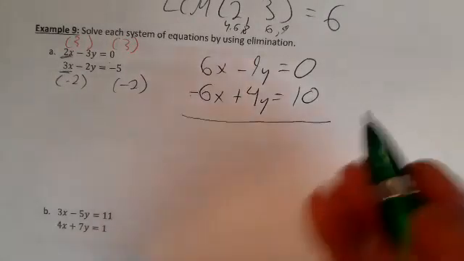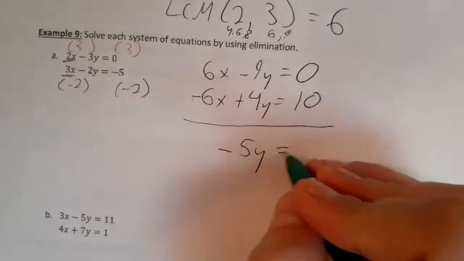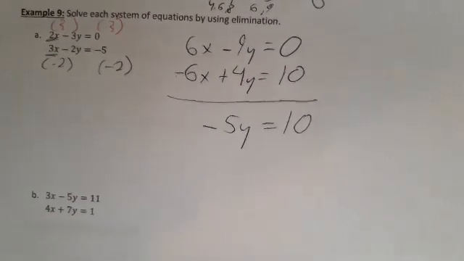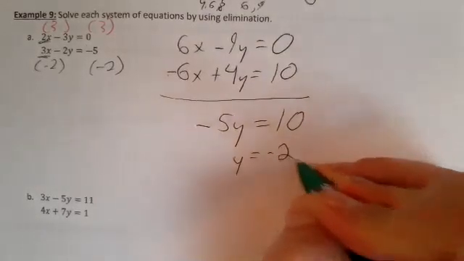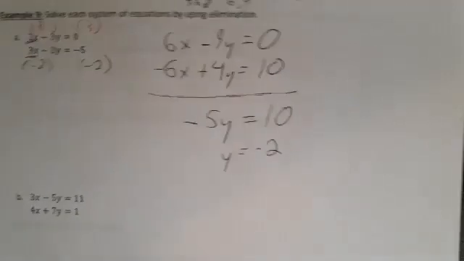They're not there anymore. These are a minus 5y. And I have an equals 10. If I solve for y, you might figure out that y is a minus 2. And if you get this far, you're about halfway there.